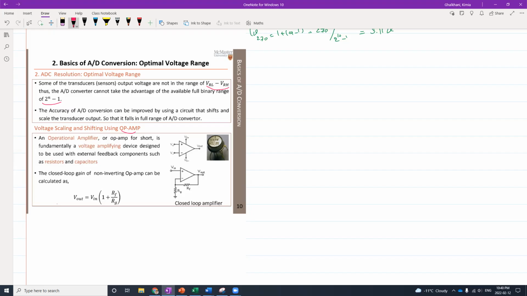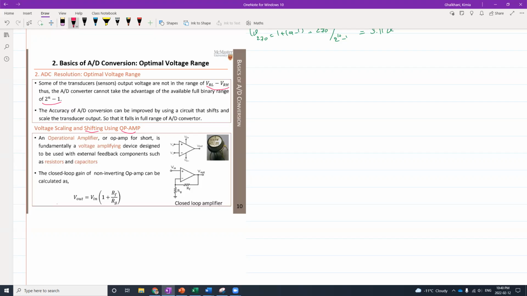Now, I can say the op-amp in here is a level shifter, as you can see. It can do the level shifting, or amplify, and it can also subtract or add the reference voltage from the input to compensate for DC offset voltage.